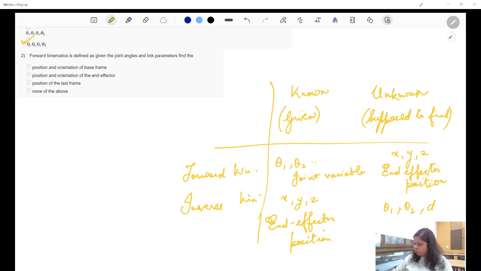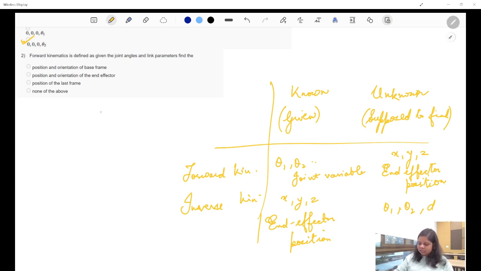So you are supposed to find out what are the joint variables. This is the difference between forward and inverse kinematics. Now, forward kinematics is really simple because you have one value of theta 1, one value of theta 2, and then you find what is the end effector position. But in case of inverse kinematics, it becomes difficult.